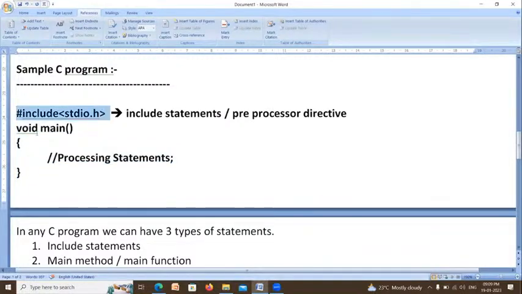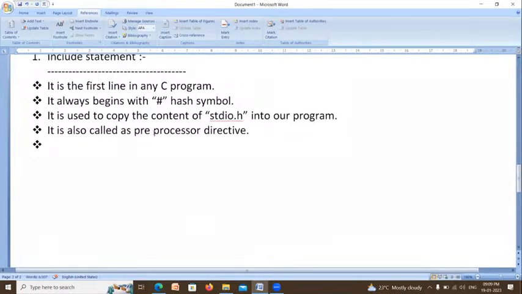This line executes before the main method, so it is called preprocessor. Processing means execution. So preprocessor means it will be executed before the main method, that is, at compile time.